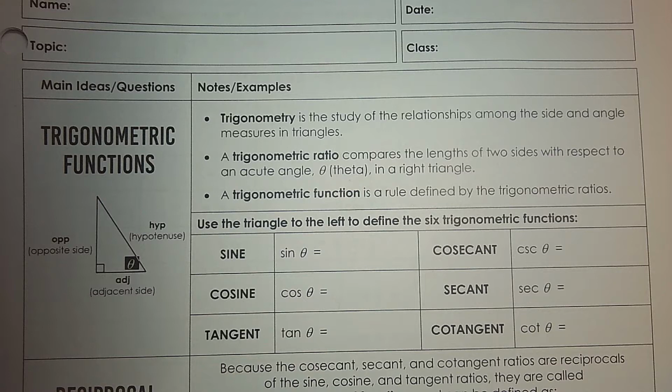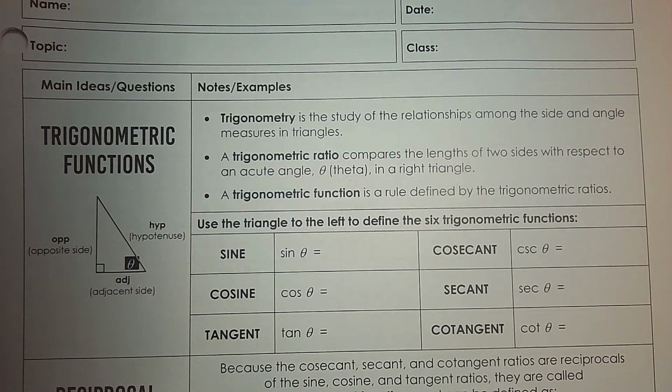We don't have to write the whole word every time, but when you see the abbreviation, you still have to say the word. And cotangent, not cot. So, our first introduction: sine theta, cosine theta, tangent theta, cosecant theta, secant theta, and cotangent theta. Don't worry, in the next 4 weeks, you will see it so often you won't have to do a flashcard. You'll know it.